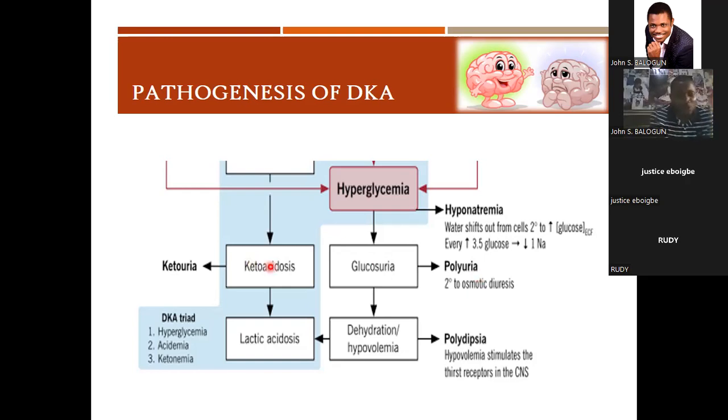So remember also we talk about ketone. By the time ketone bodies are being formed, then there is ketone in urine. The moment you are able to see glucose in the urine and you see ketone in urine, you can diagnose diabetic ketoacidosis. However, standard definition is that there should be ketonemia, that is, ketone is found in the plasma.